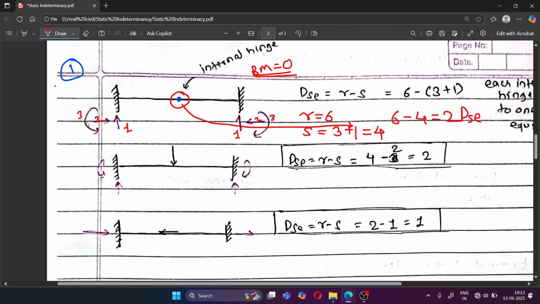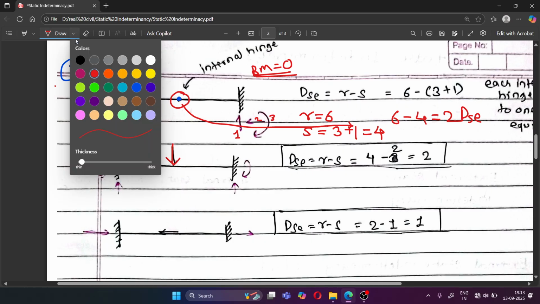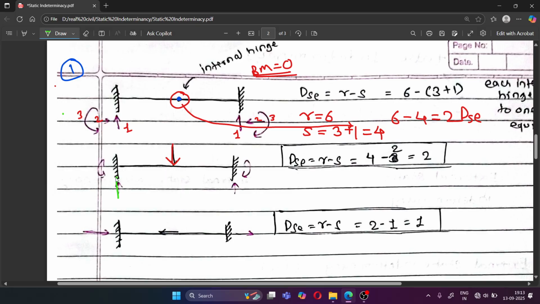Second example, only vertical load is there. Because of that, vertical reaction and moment are going to generate at the fixed end. So this is 1, 2, 3, 4. So total 4 reactions, and I can use only 2 conditions of equilibrium, right?